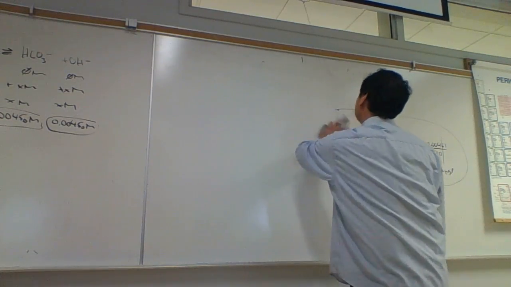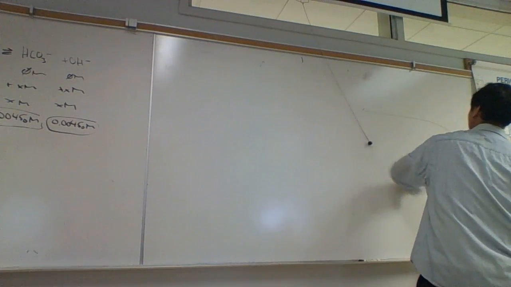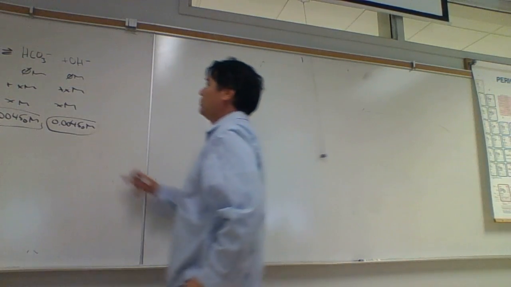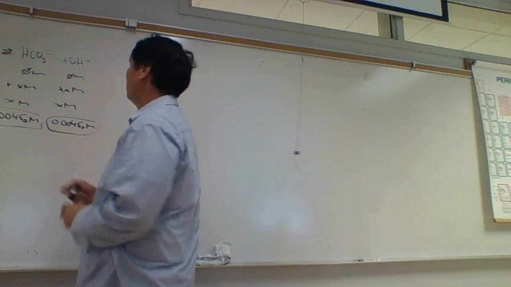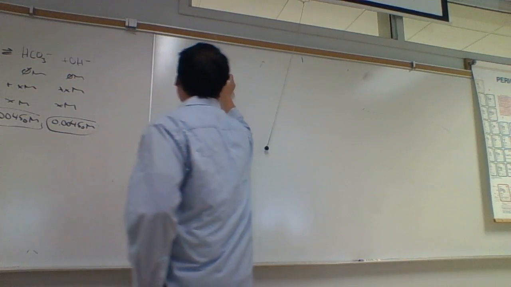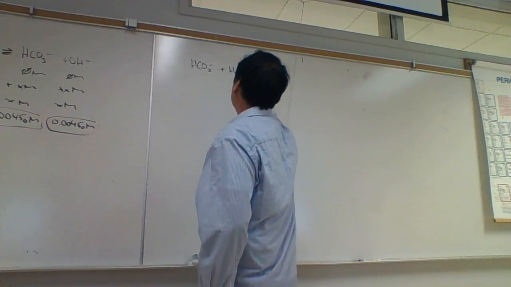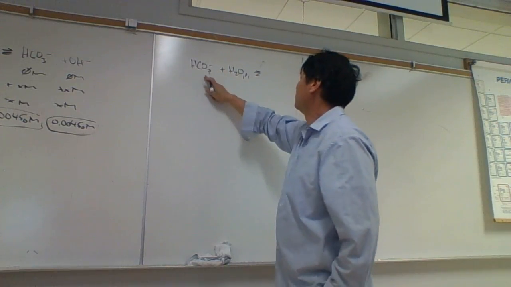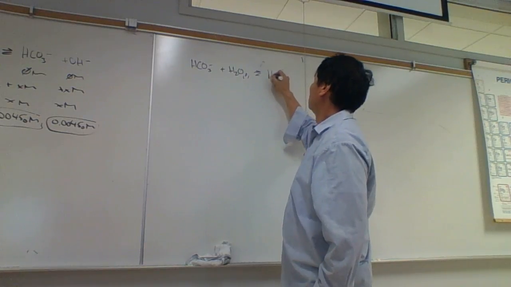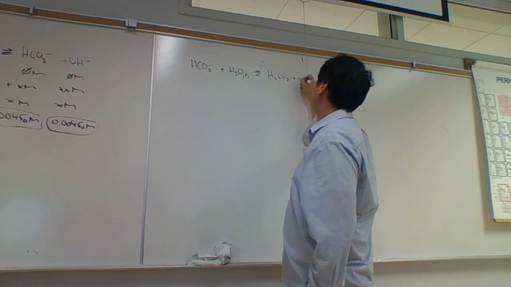The two more potential contributors are these. Bicarbonate. We formed some bicarbonate. And so bicarbonate can contribute additional hydroxide to this solution. And so if we go bicarbonate plus water gives us carbonic acid and hydroxide.